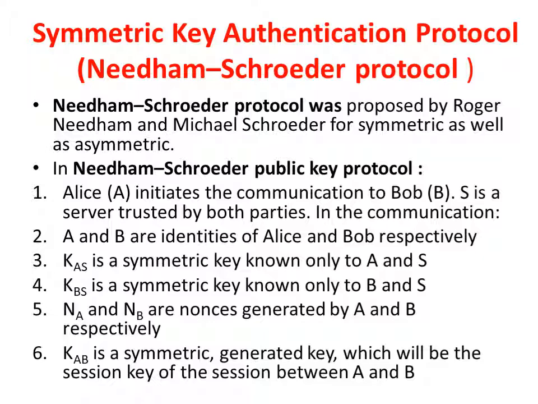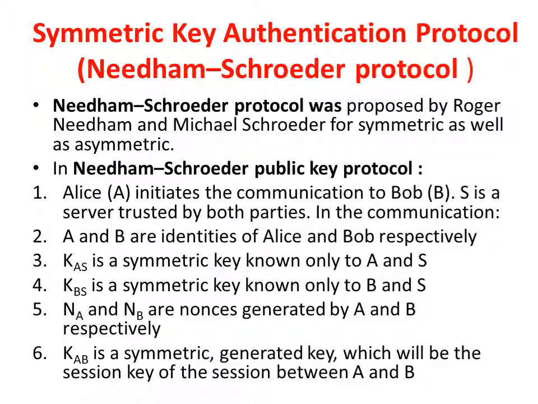The process begins with Alice sending a message to the server identifying herself and Bob, telling the server that she wants to communicate with Bob. Then in response, the server generates KAB and sends back to Alice a copy encrypted under KBS for Alice to forward to Bob, and also a copy for Alice.